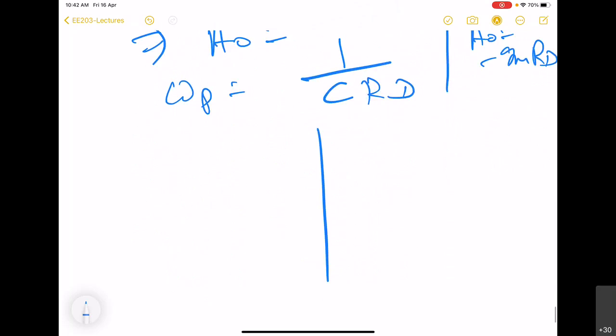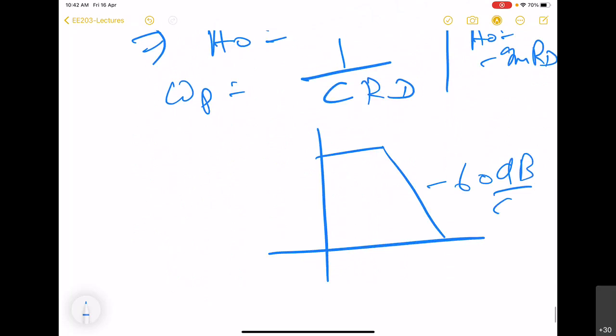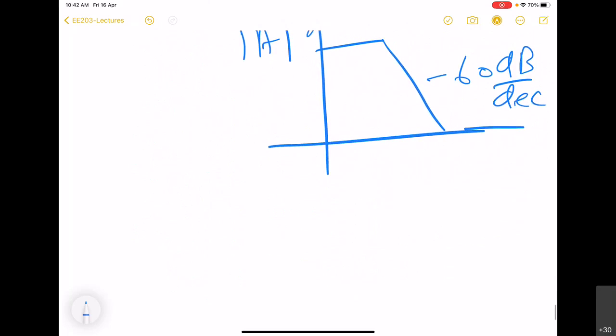So if you see, the transfer function will be like this, with a slope of minus 60 dB per decade. And this is the magnitude of the overall transfer function. And here we have omega p.